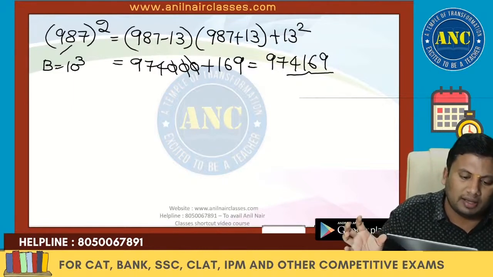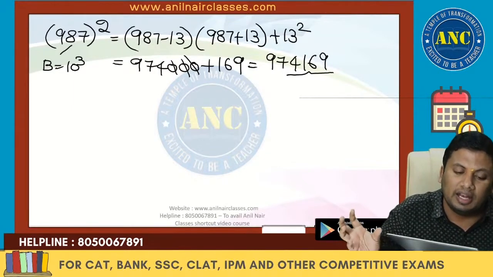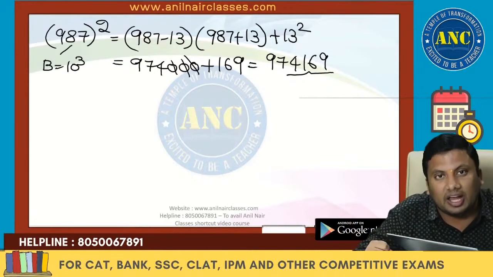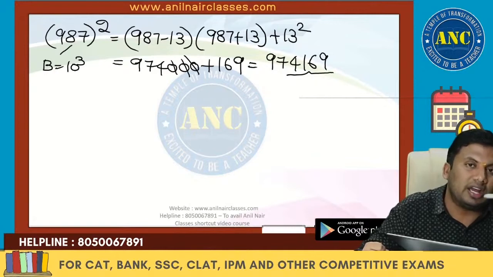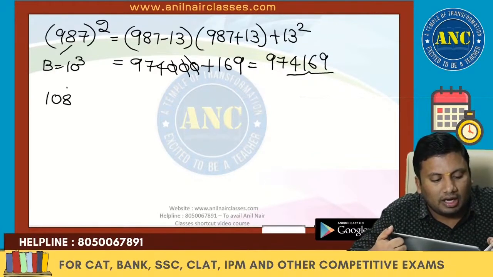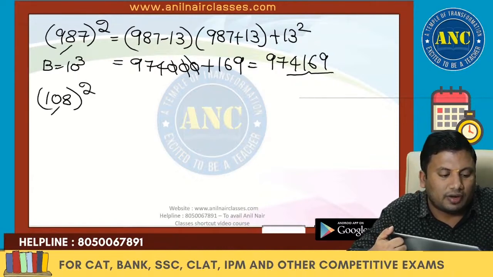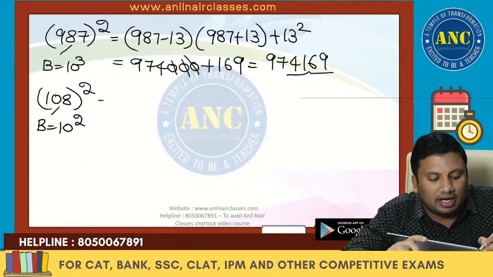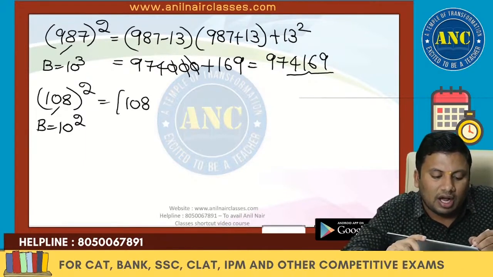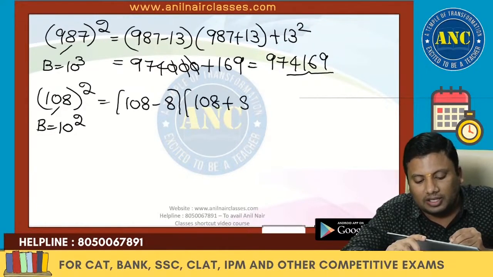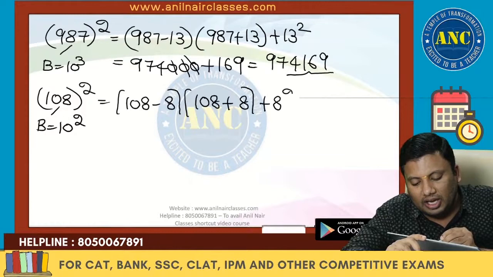In all 3 cases, I took numbers nearer to a power of 10, less than the power of 10. Let me take a number greater than the power of 10. 108 square. Right after the class, practice it. You will be extremely impressed with your calculation skills. 108 minus 8, 108 plus 8, plus 8 square.